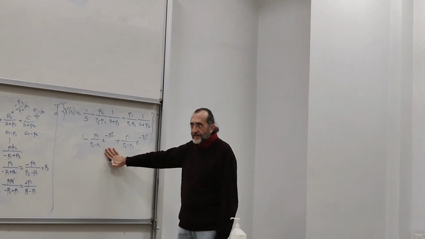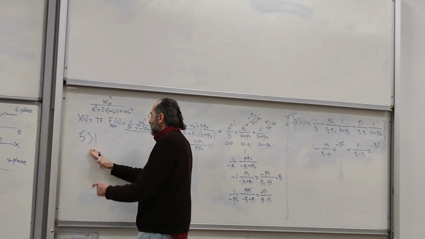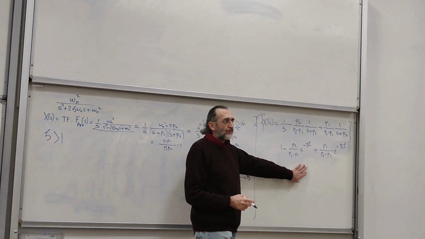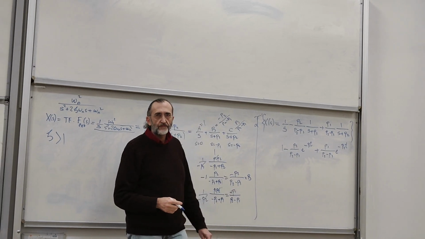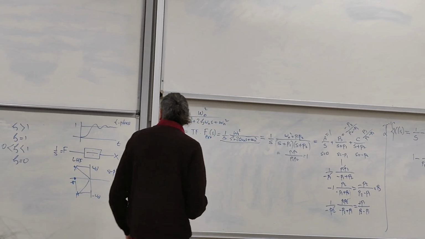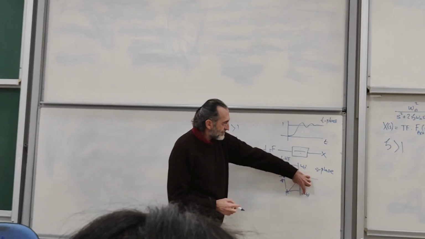So as you can see, if zeta is greater than 1, we have no complex roots. Both roots are real. And if both roots are real, I don't have any omega t, obviously.